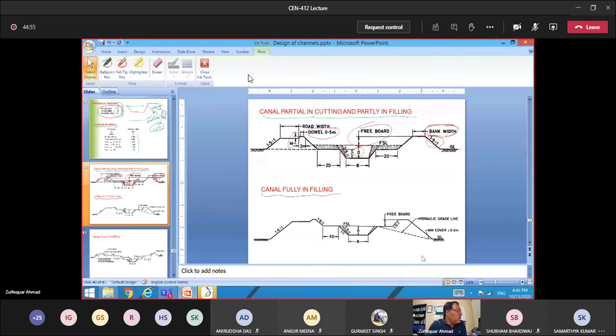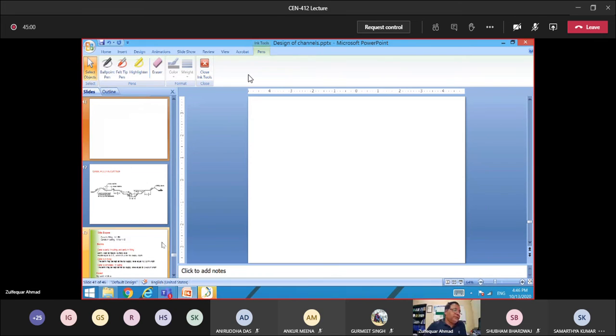Let me explain that using a slide here. You have a canal which is in the filling, right? You see the bank. Your NSL is this.